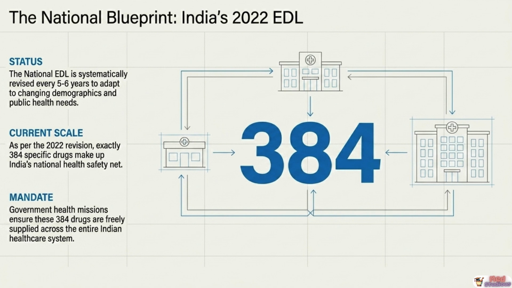These 384 drugs must be freely supplied across the entirety of the Indian healthcare system, from sub-district primary health centers through to tertiary teaching hospitals. The global context: the World Health Organization maintains its own Model Essential Medicines List, currently containing approximately 500 medicines, which serves as the template that member nations adapt to their specific national disease burden, healthcare infrastructure, and economic capacity.